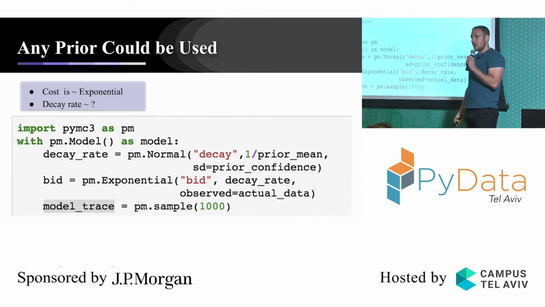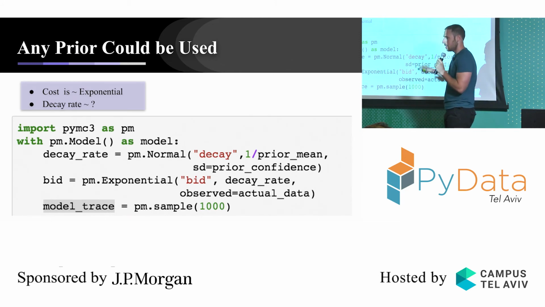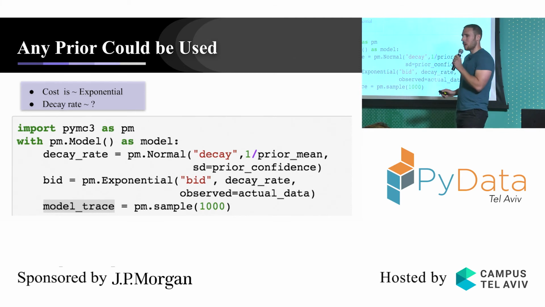Now, in general, after we decided that our likelihood distribution is an exponential distribution, we now need to define the decay rate. Generally, we can choose any kind of prior distribution on the decay rate.